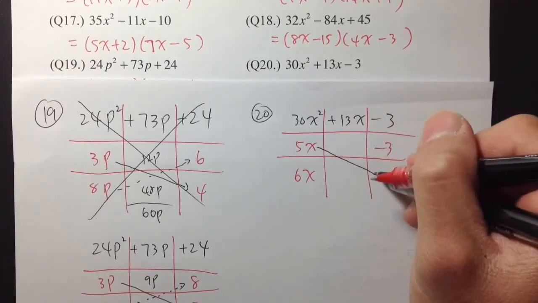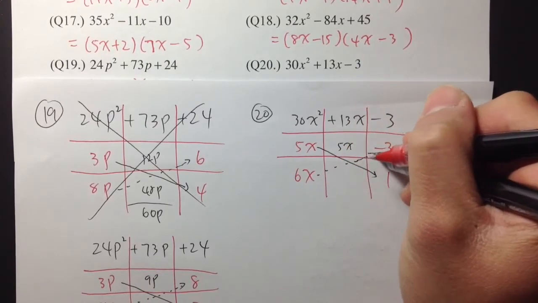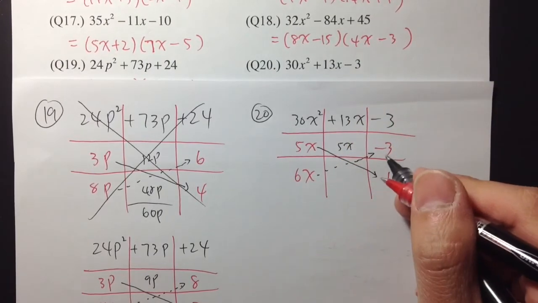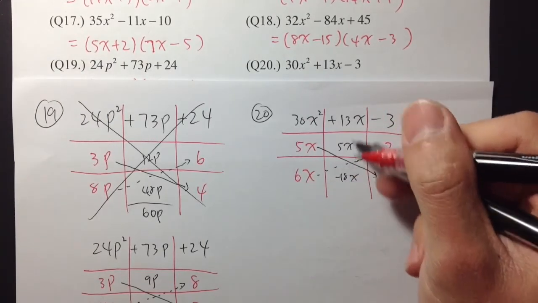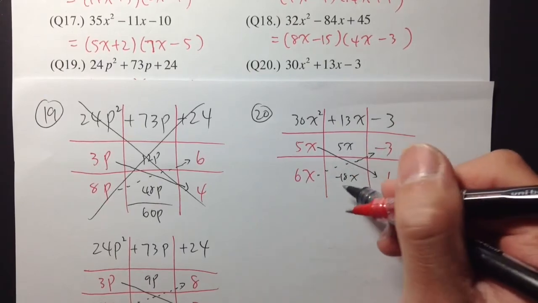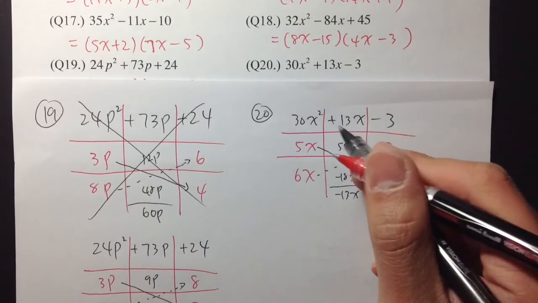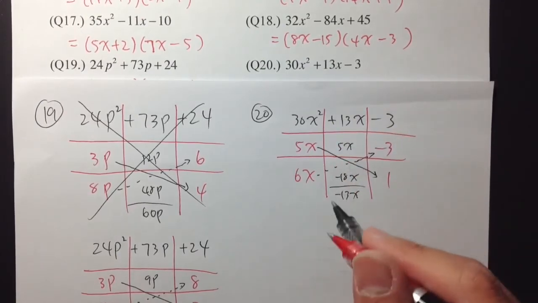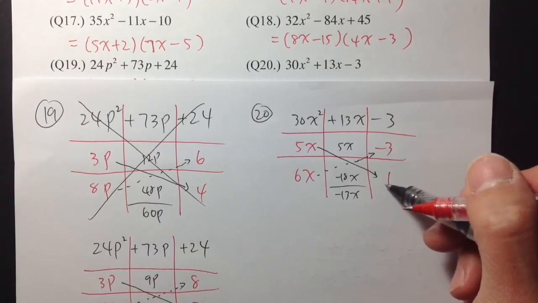But 5x times 1 is 5x. Oh, let's see. 6x times negative 3 is negative 18x. We are close because we're trying to get positive 13x. Not this, right here would be negative 13x, right? We're trying to get positive 13x, not the one that we have here. That means I should have just put the negative on the 1 instead.